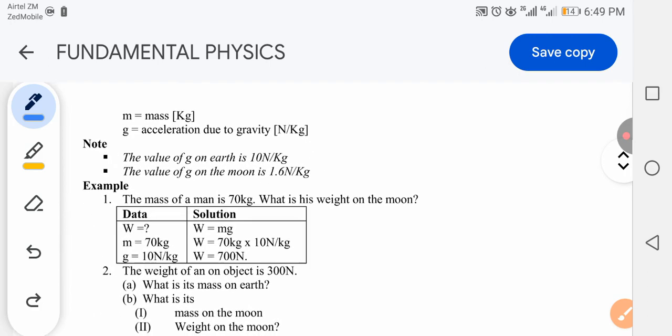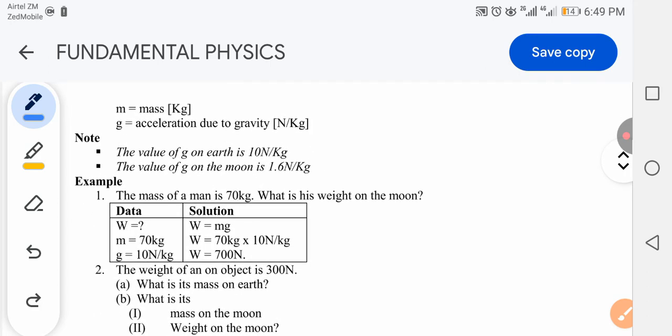I need you to note that the value of g on Earth is 10 newtons per kg, while on the moon it is 1.6 newtons per kg.